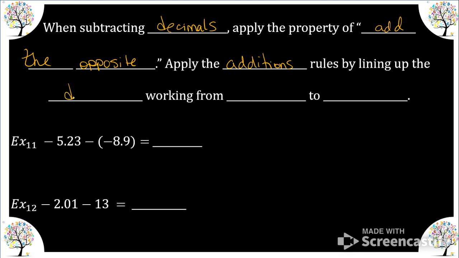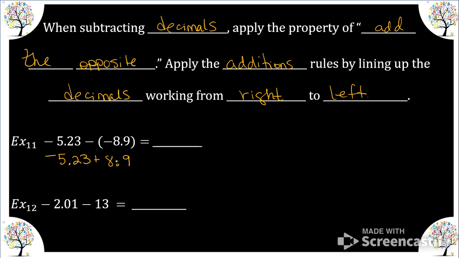And again, we will line up decimals and we will work from right to left. So we have a lot going on here. And again, no calculator here. So we have subtraction. So I'm going to keep, change subtract to add, and change the second number to its opposite sign.